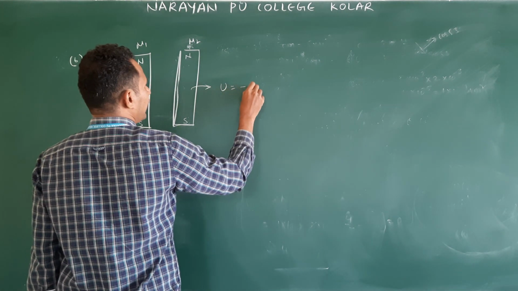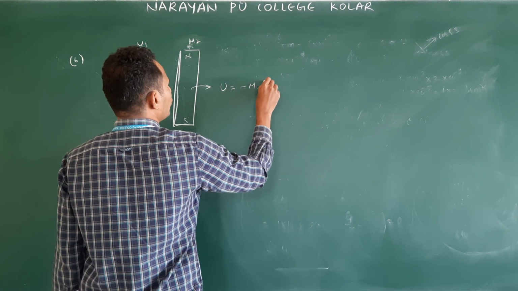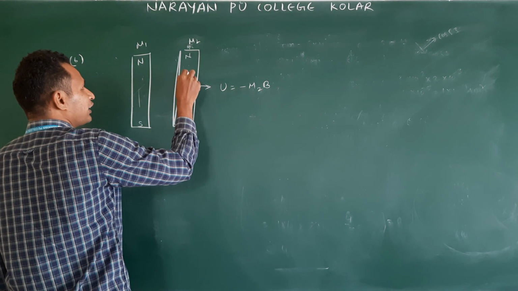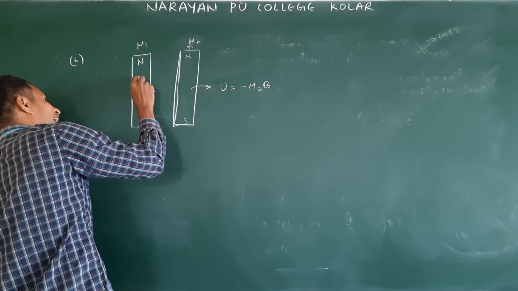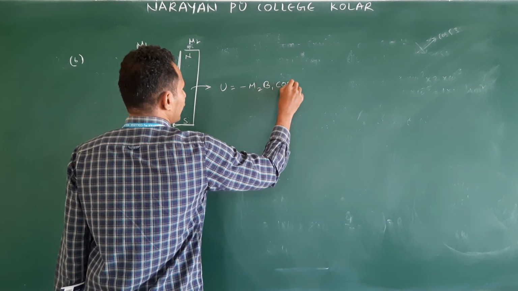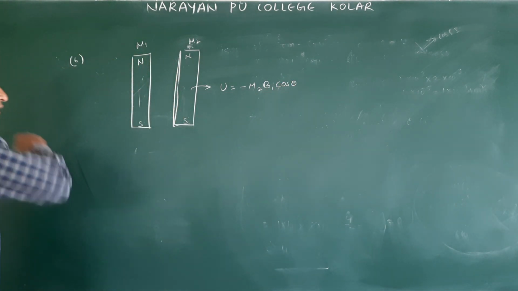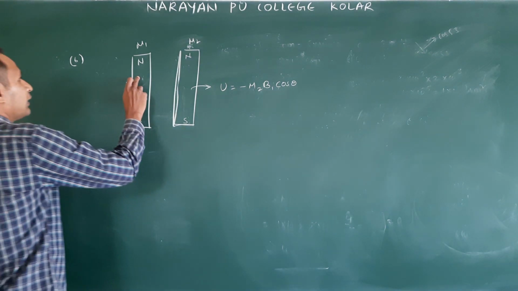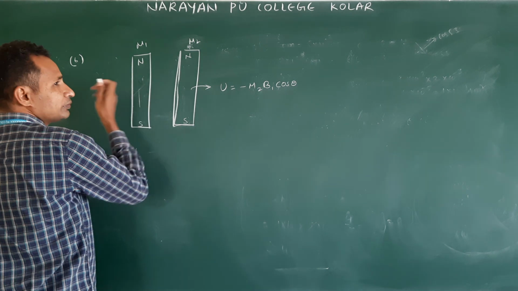U is equal to minus M2 B. In which field was the second magnet there? The first magnet's field. So this is B1 cos theta. Okay. Understand? Clear?